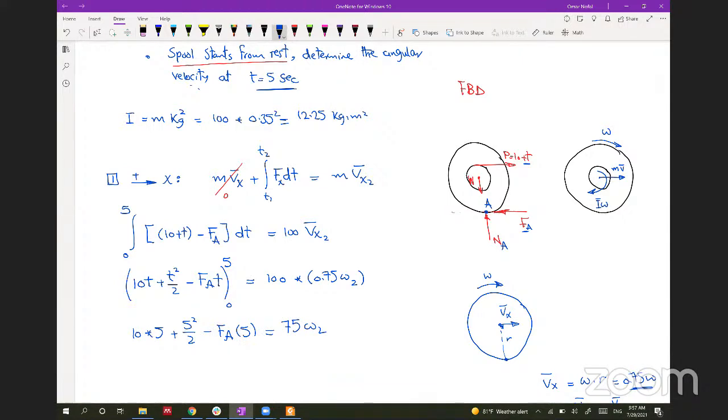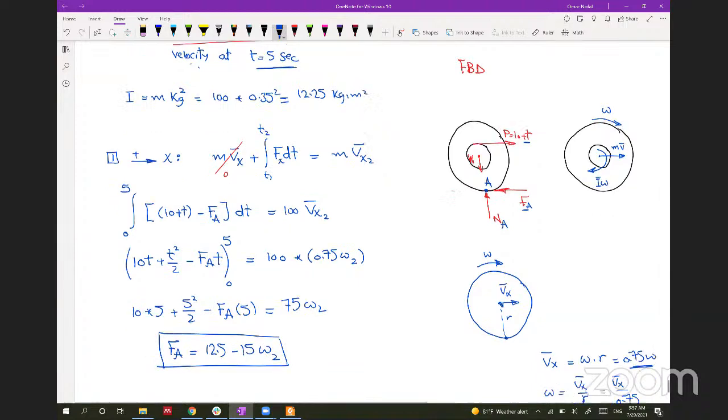So this is a single equation, a function in fa and omega, and after some math, we will have that fa will be equal to 12.5 minus 15 omega 2. All right, so we got our first equation.